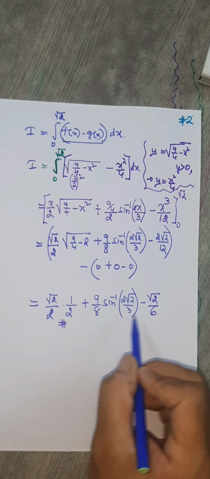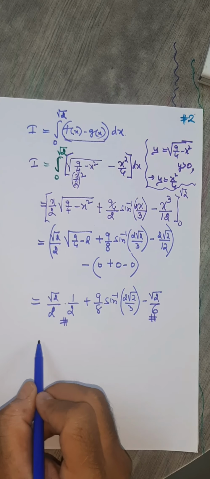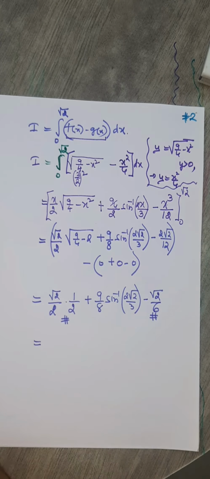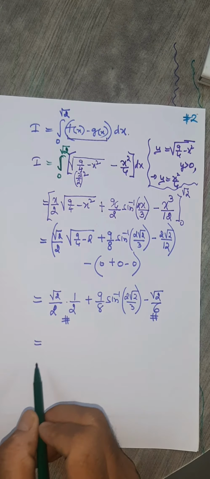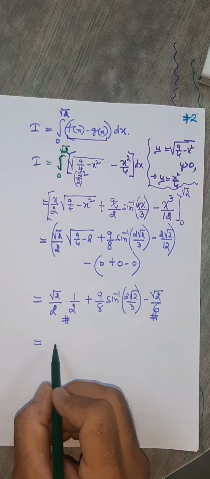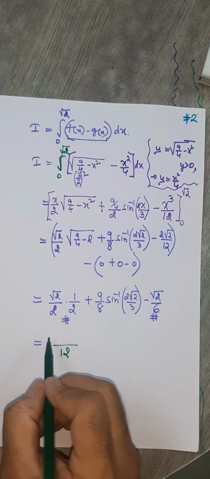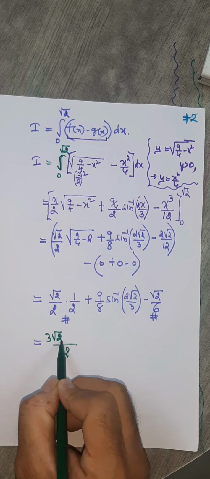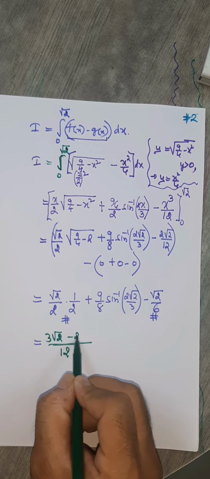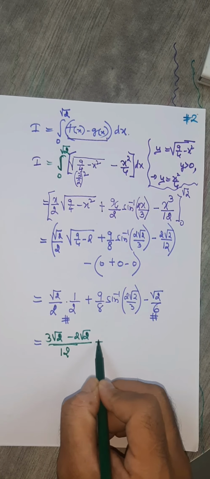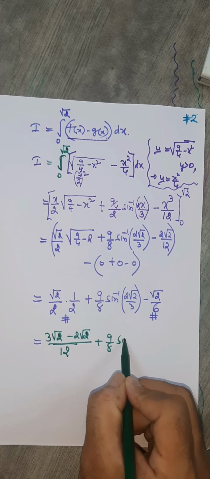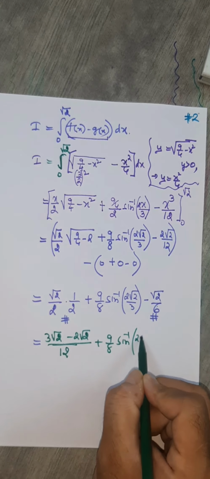So we just combine these 2 here. You have 4 here, there you have 6. So 12 will be the LCM for these 2. So here this is 3 root 2 minus 2 root 2 plus 9/8 sine inverse 2 root 2 by 3.